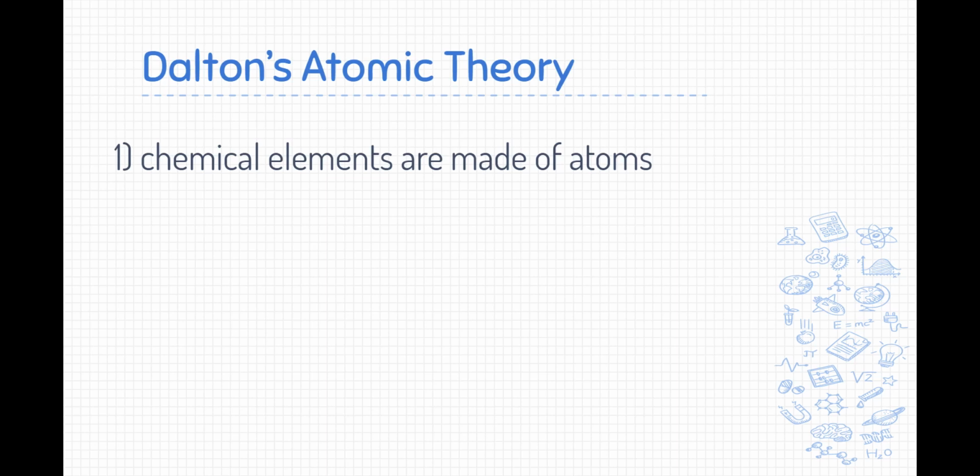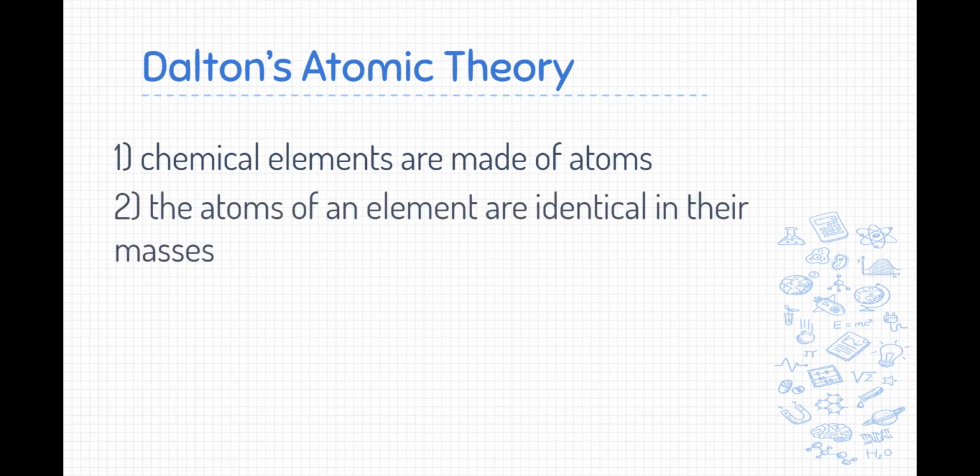So his first point here simply said the chemical elements are all made up of atoms. His next point said that the atoms of an element are identical in their masses. So every atom of one element weighs the same.